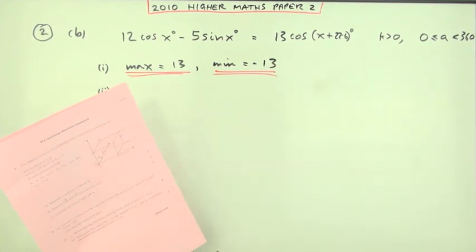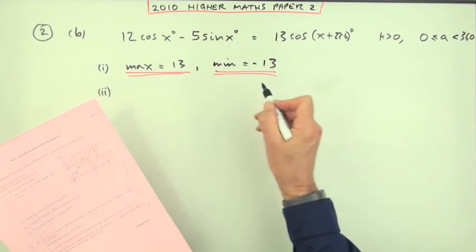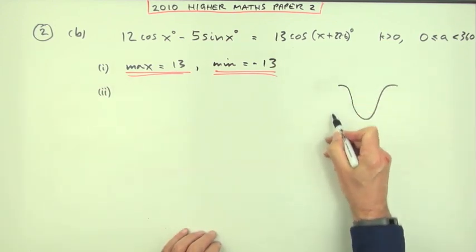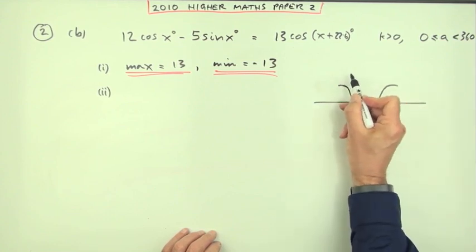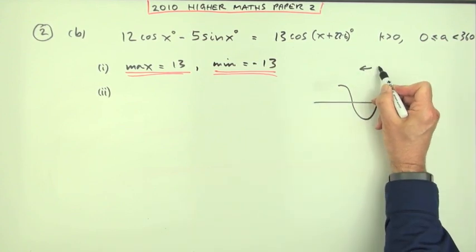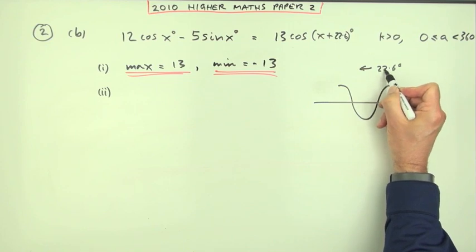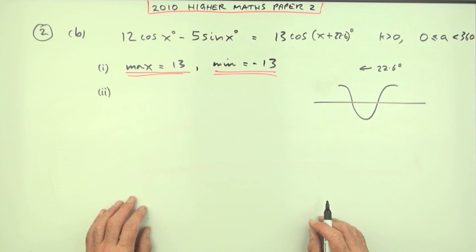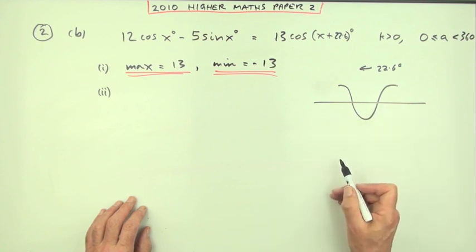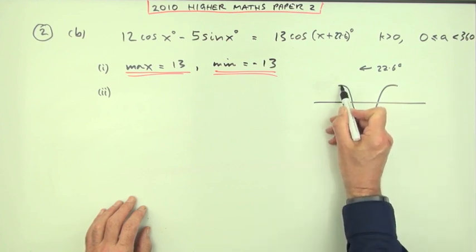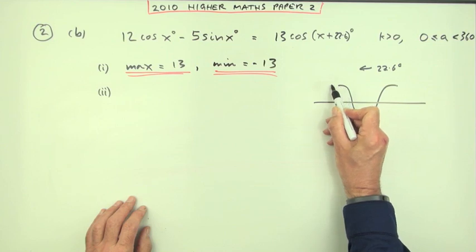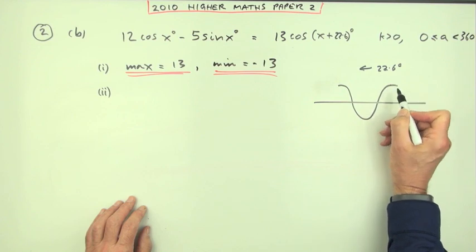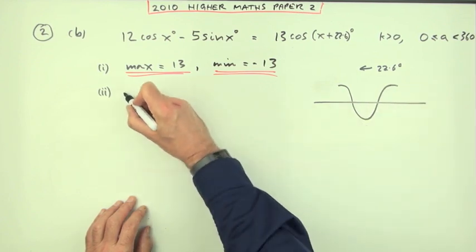And determine the values of x at which these will occur. Remember, this is just the cosine curve, which goes up and down 13, which has been shifted back 22 degrees, or 22.6 degrees. And it just says state, there's no working required for this. So you could just put a sketch down and say, well, that would originally have been at 13 at 0, but if I put that back, it's going to go to negative 22, so that's out of range. This one here would have been at the top at 360, so you could say this.